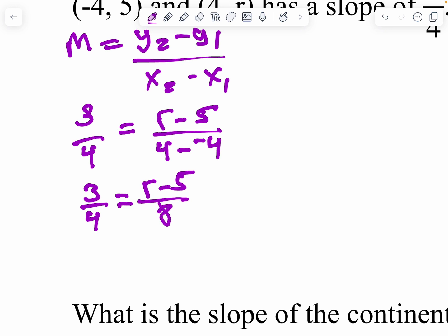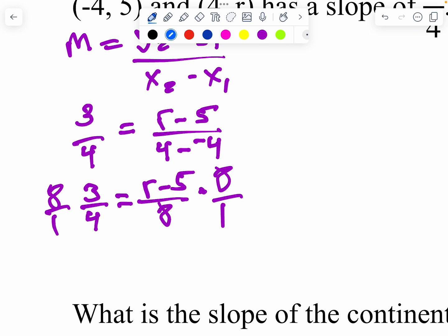We could do a couple things here, but I think the easiest is to just clear our fractions. I don't want a fraction, so I want to multiply both sides by 8. 8 over 1, if that confuses you. Notice what happens to my 8s. On the right-hand side, they reduce out.